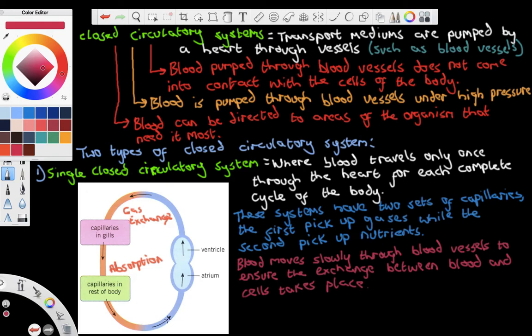So by the time you get back to the heart, the concentration difference between the cells of the body and the cells inside the blood is so small that there's very little diffusion taking place.